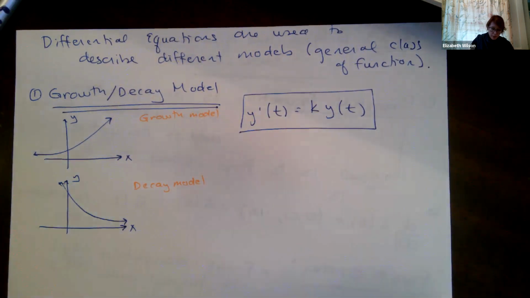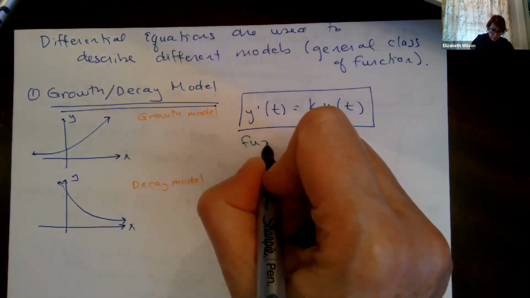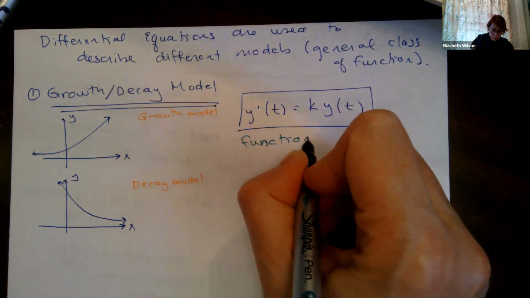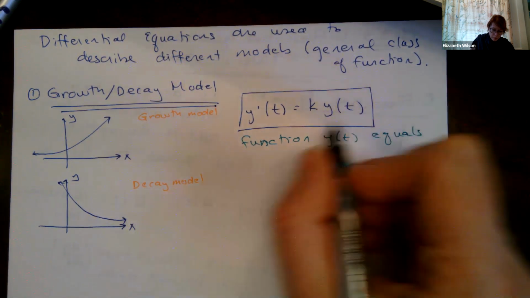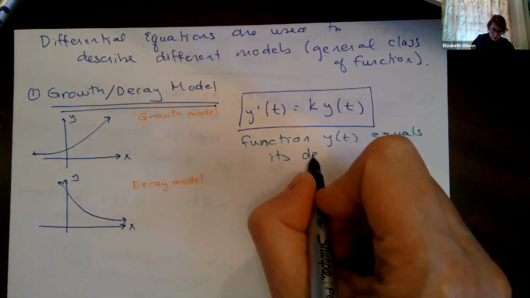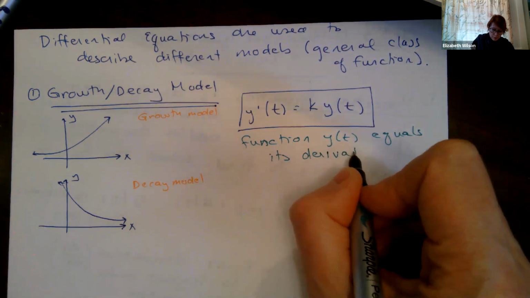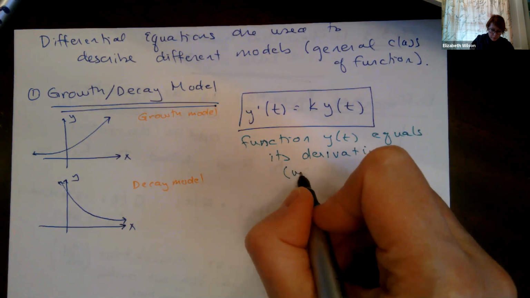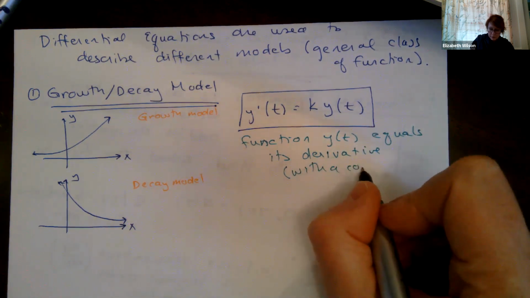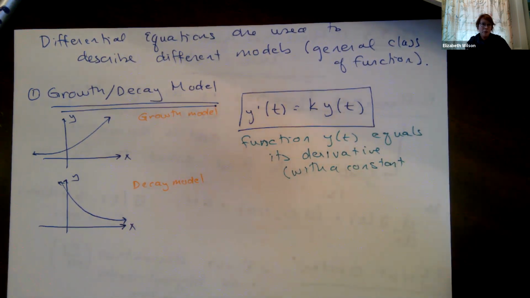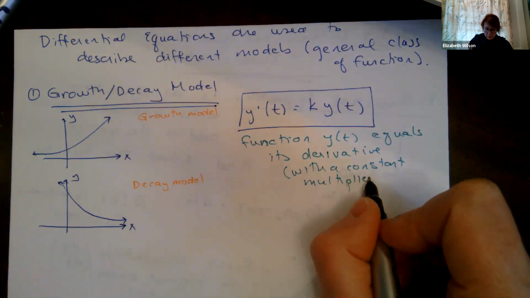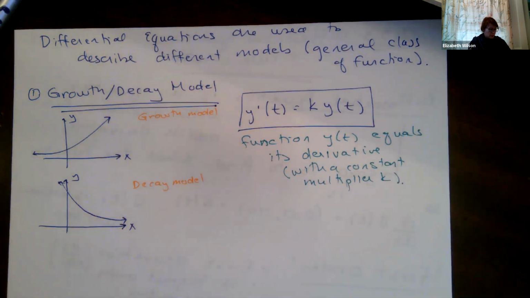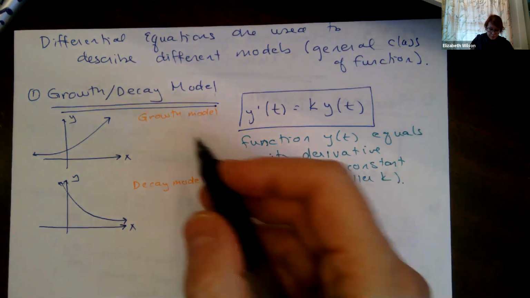The function y of t equals its derivative with a constant multiplier. And that constant multiplier can be equal to 1 or can be some other number. This is typically exponential.